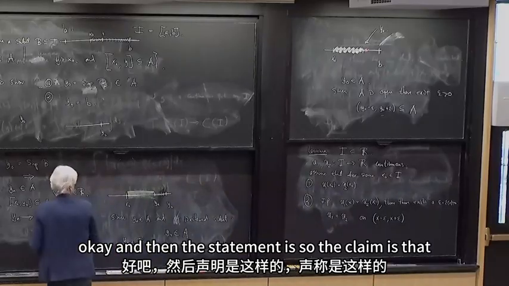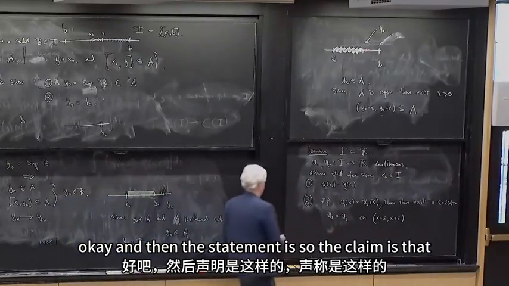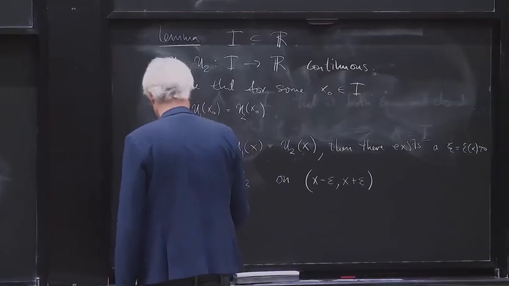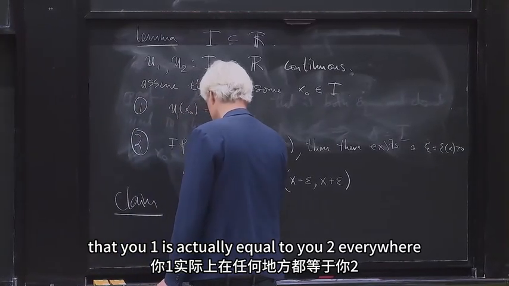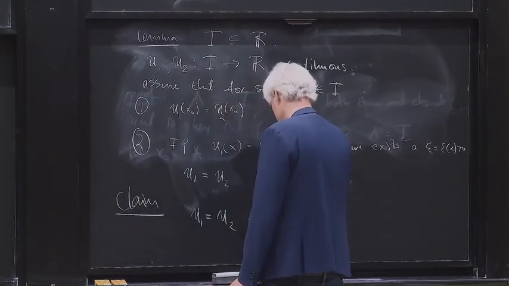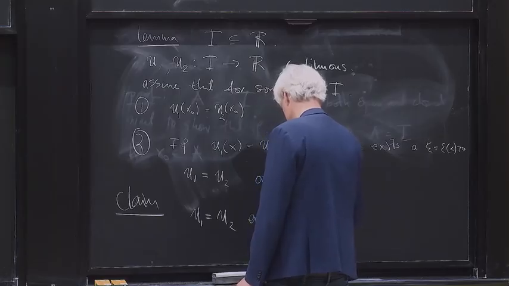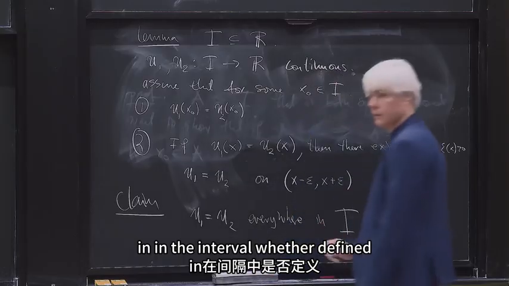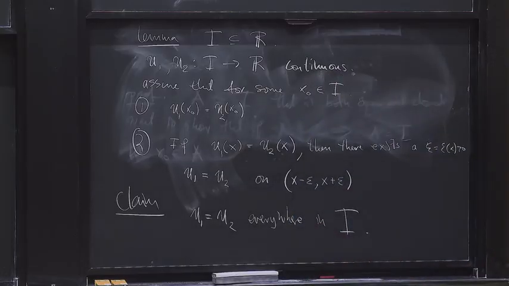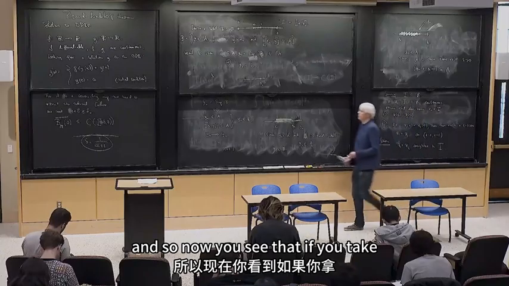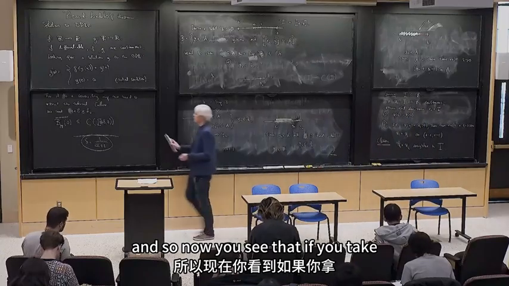The claim is that u1 is actually equal to u2 everywhere in the interval where they're defined.